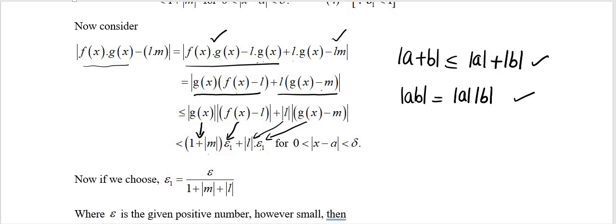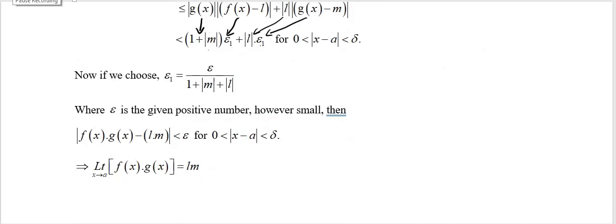Now I am choosing epsilon 1 equal to epsilon by 1 plus mod m plus mod L, where epsilon is a given positive number, very small positive. So substitute this epsilon 1 value here. Observe, here epsilon 1 is common. Then 1 plus mod m plus mod L into epsilon 1.